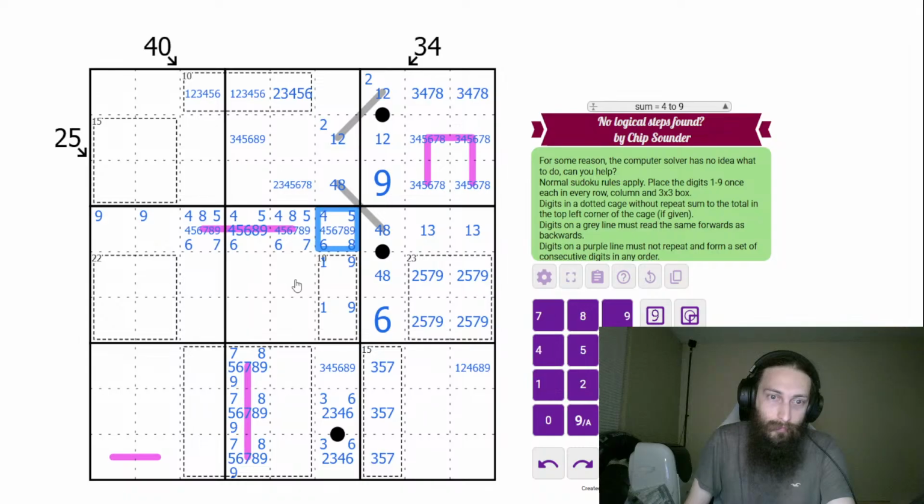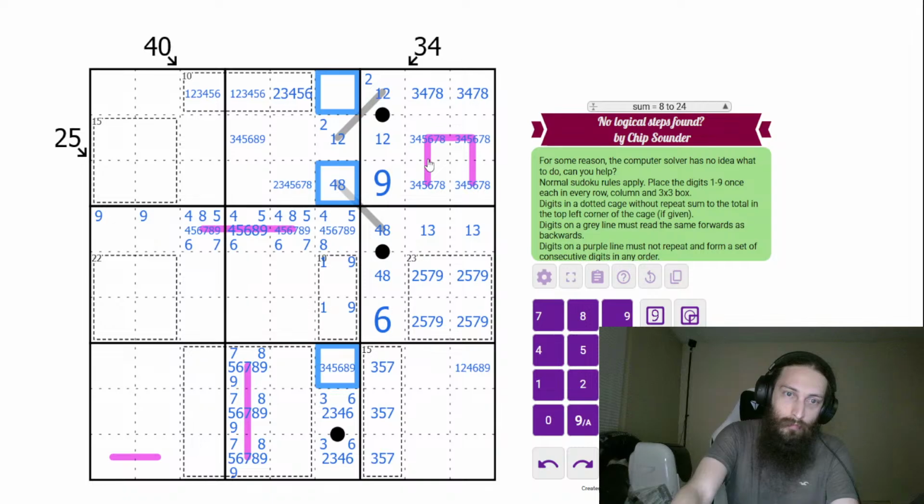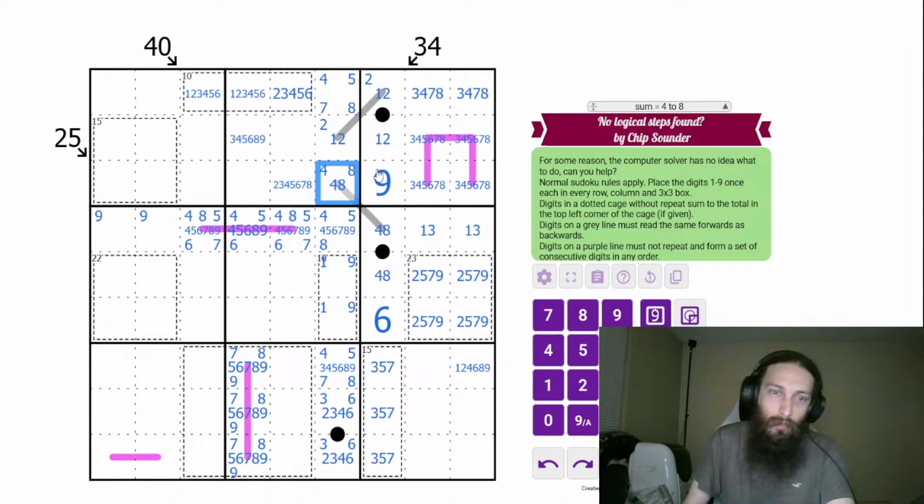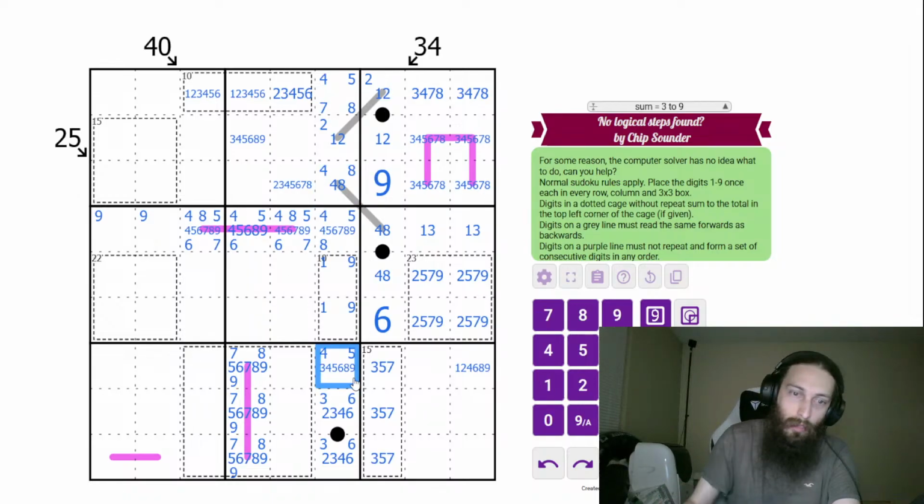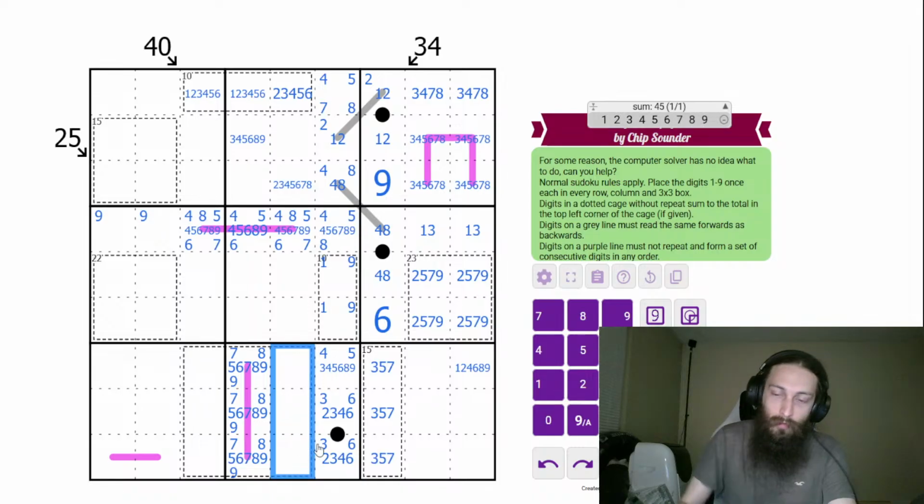Go to 6. 1 and 2 and 3, 4, 5, 6, 7, 8, 9. This obviously doesn't have 5 or 7 on it. This one can't have 7 or 8 on it. So 1, 2, 4, and 5.